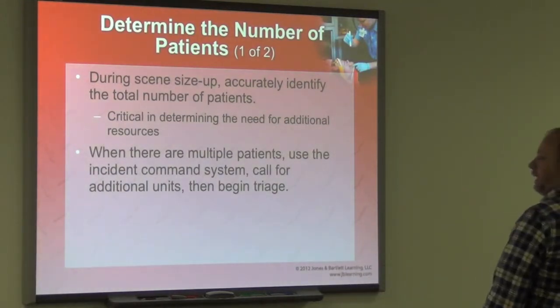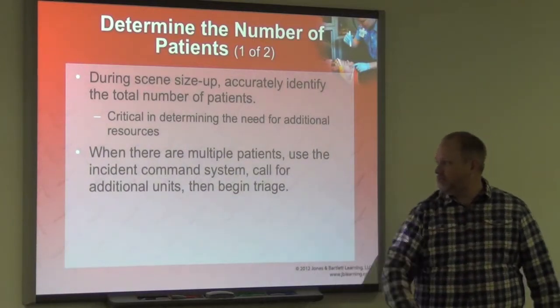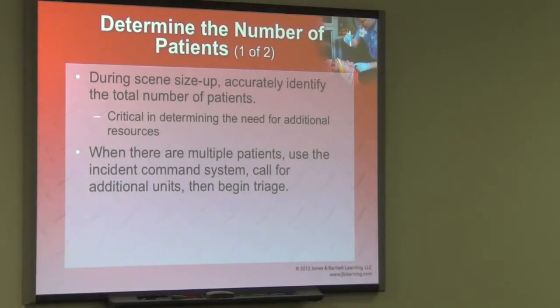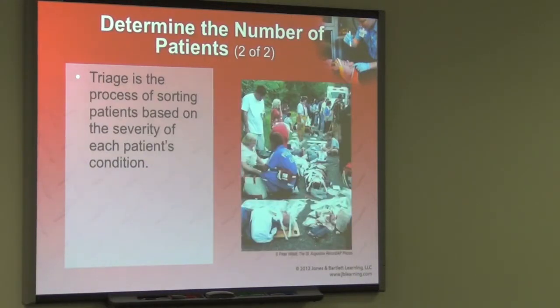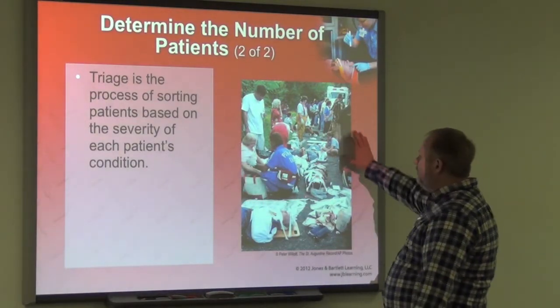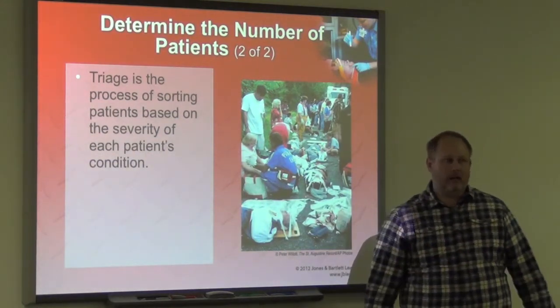If you have multiple patients, we'll learn later about the incident command system. But that's what we'll institute. We'll learn about that towards EMS operations and stuff towards the end of the program. So if we do have a whole bunch of patients like this, we're going to use a process called triage.